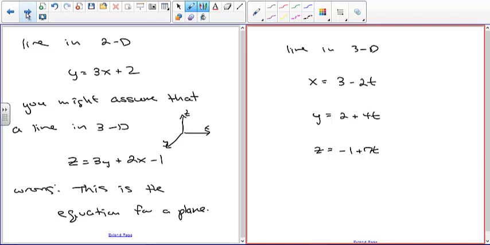So if you ever take Calc 3, you'll see what I'm talking about. So that's another example of where parametric equations are important. Drawing lines in three-dimensional space happens a fair amount.